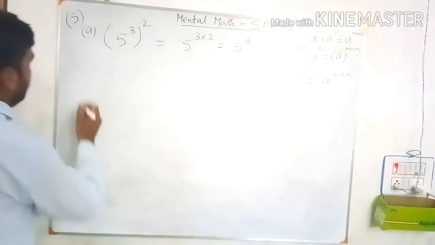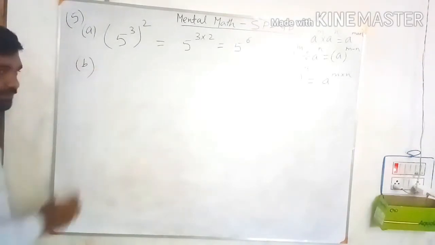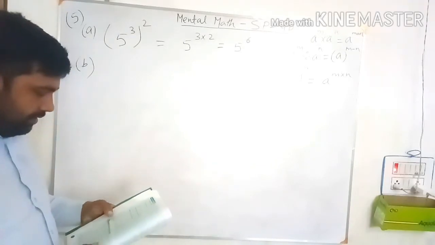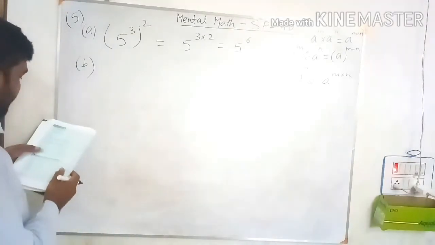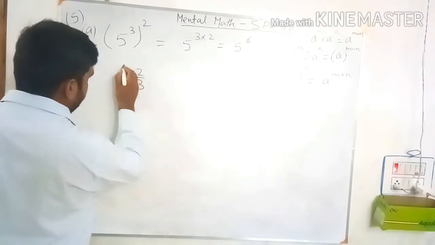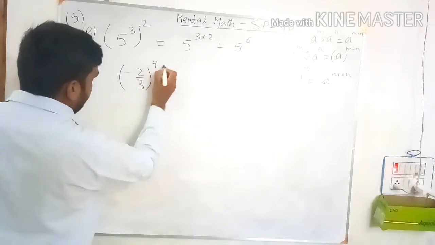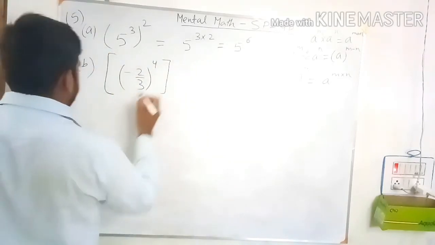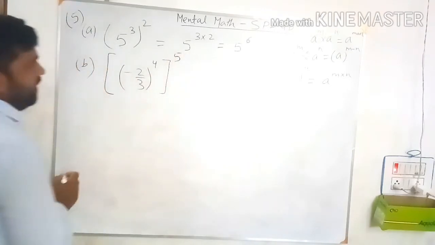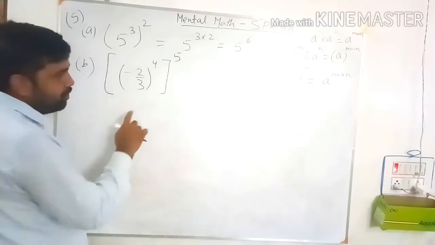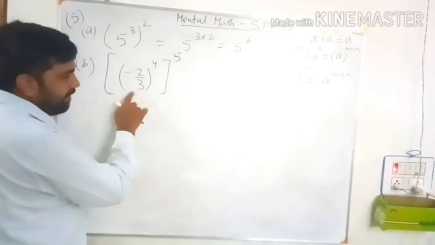Okay. Now we do the second question. Minus 2 by 3 to the power 4, then again whole to the power 5. In this question, there are two powers, 4 and 5, and the base is minus 2 by 3.